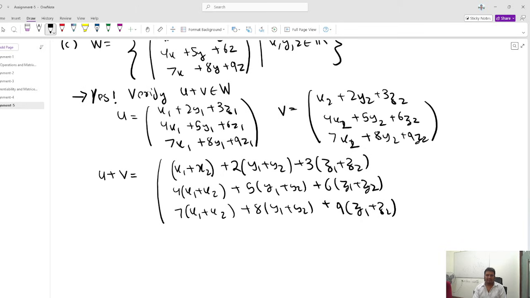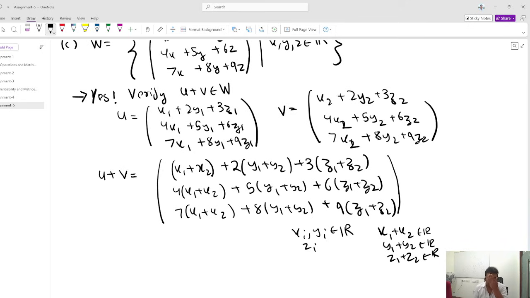Now, where x1 + x2, y1 + y2, z1 + z2 are also some constants, right? So, by definition, this also belongs to W.